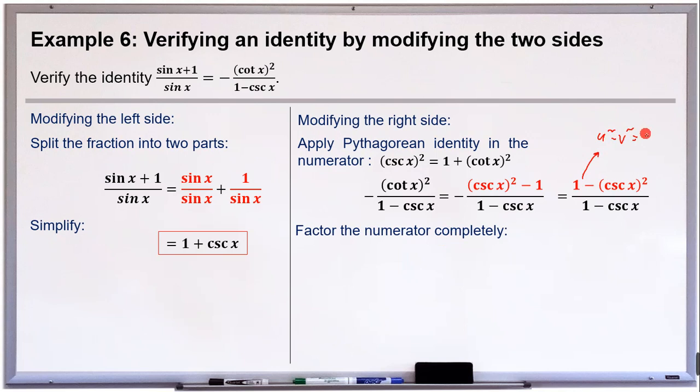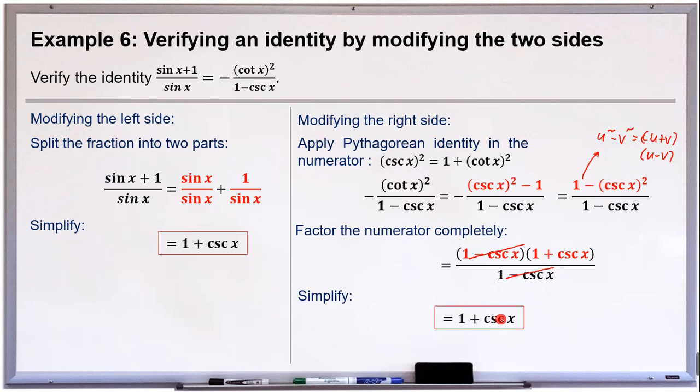So the factors are u plus v multiplied by u minus v, wherein our u is equal to 1, and v is equal to cosecant of x. So the factors are 1 minus cosecant x times 1 plus cosecant x. As you can see, there is a common factor in the numerator and in the denominator, so we are going to cancel out these two factors. And what's left is 1 plus cosecant x.